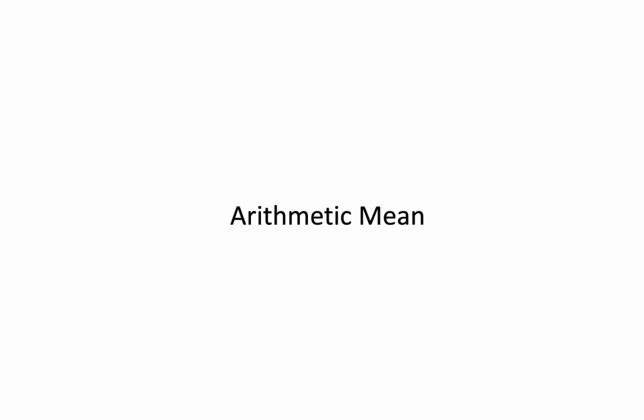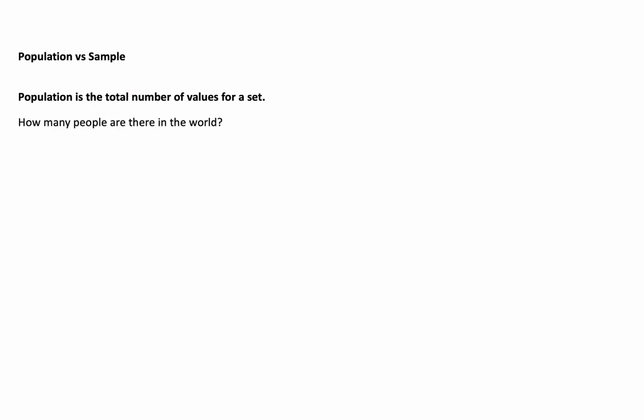In this next section, I want to talk a little bit about the arithmetic mean and what that means. But before we jump into what the arithmetic mean is, it's important to understand the difference between a population and a sample. So a population is, for example, the total number of values for a given set. So you could think about that as how many people are there in the entire world today, right?